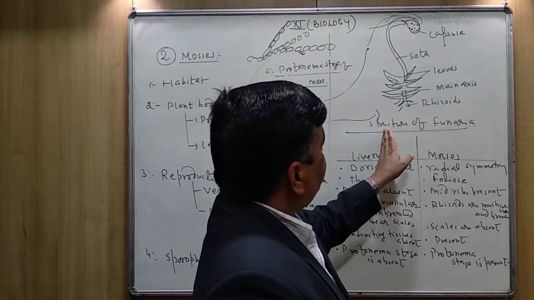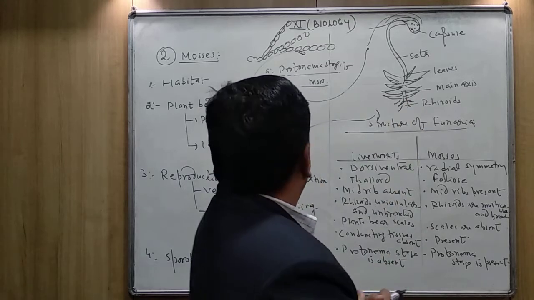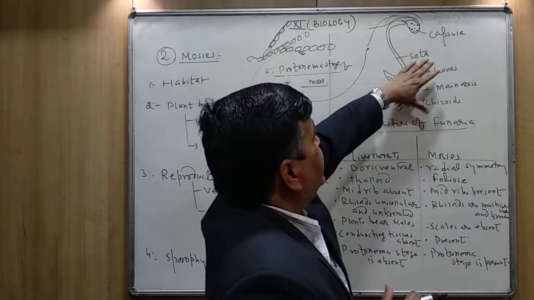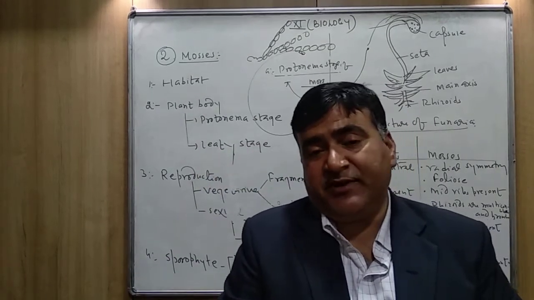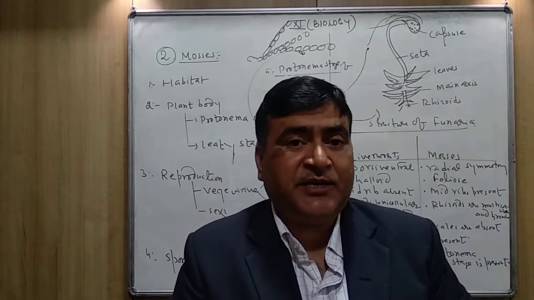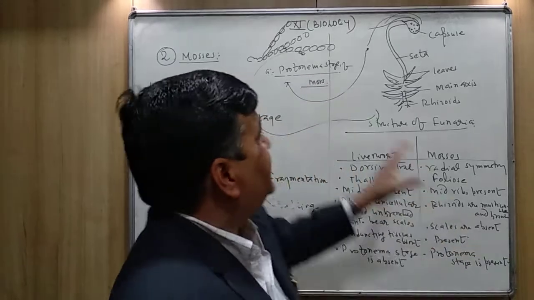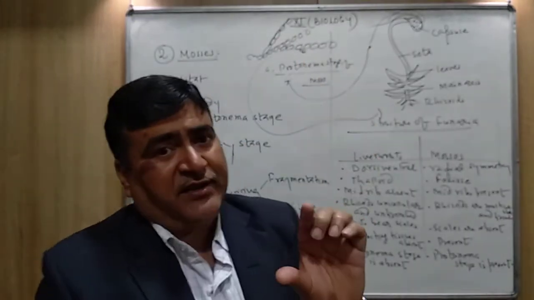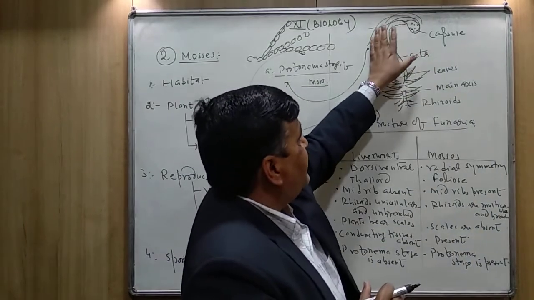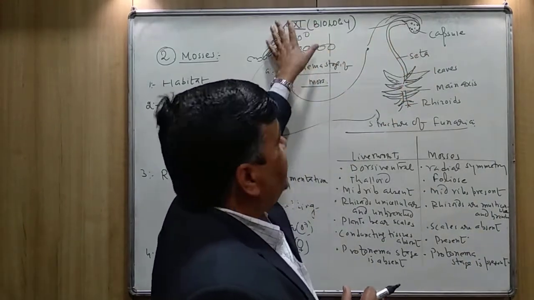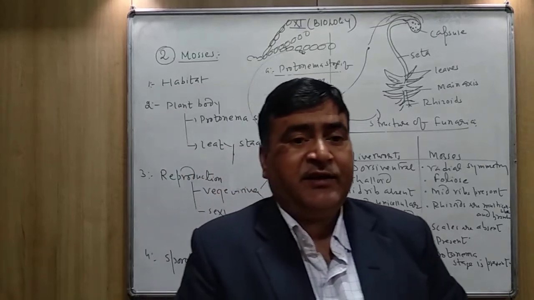Now, the second stage, the leafy stage. This stage lasts for the maximum duration in the life cycle. The protonema is ephemeral, it comes only for a shorter duration, and you can't observe it with the naked eye.